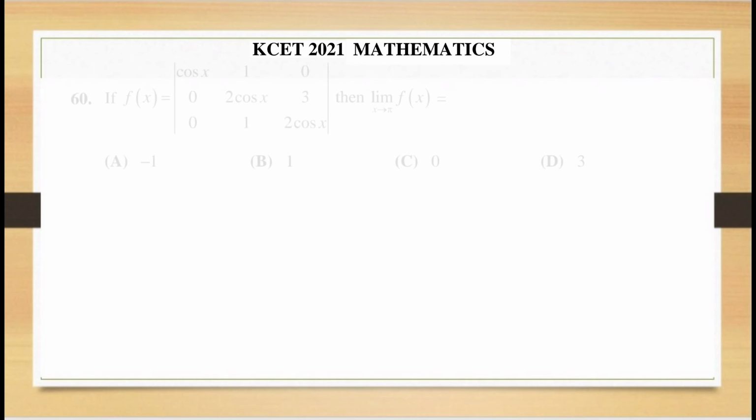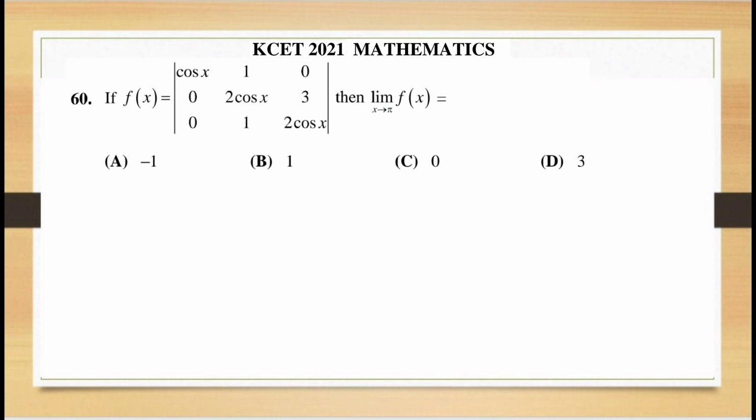60th question is, if f of x equals determinant cos x 1 0, 0 2 cos x 3, 0 1 2 cos x, then limit x tends to pi f of x equals. Here take the given function f of x. So expand the given determinant along the first column.